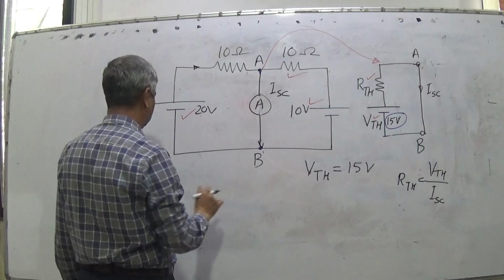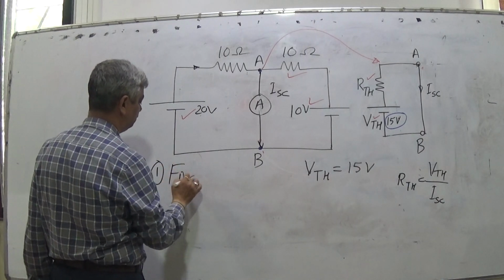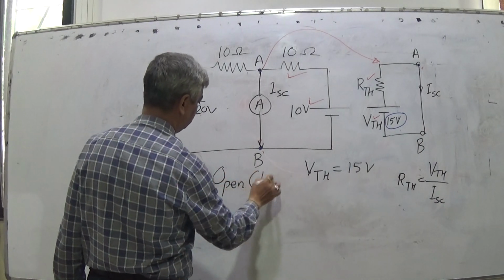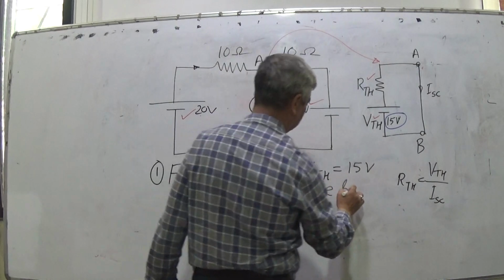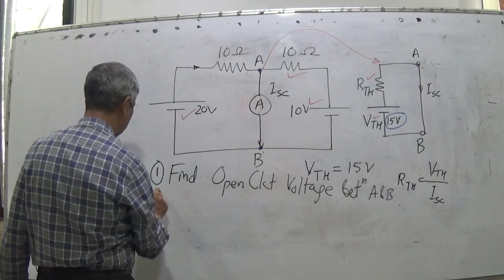So the procedure is: 1. Find the open circuit voltage between A and B. Then 2.